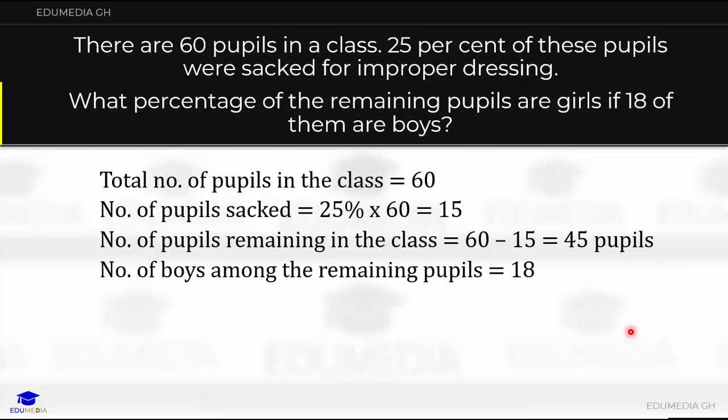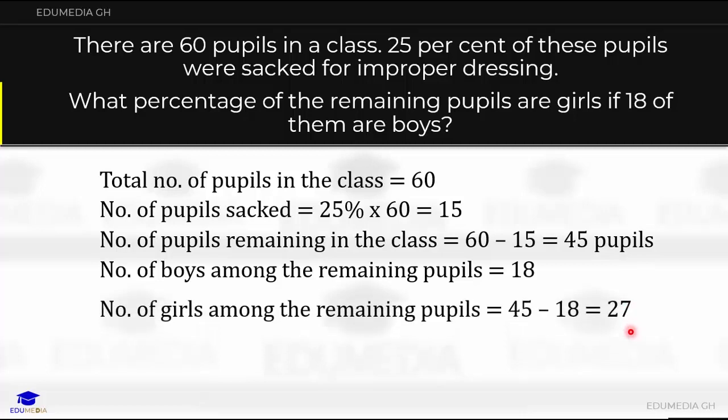So with this we can know the number of girls that are left in the class. So that is 45 pupils minus 18. Remember, 45 pupils represents the number of pupils that are remaining in the class, and 18 represents the number of boys in the class. Therefore, we have 27 as the number of girls in the class.